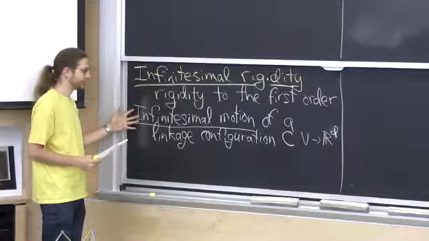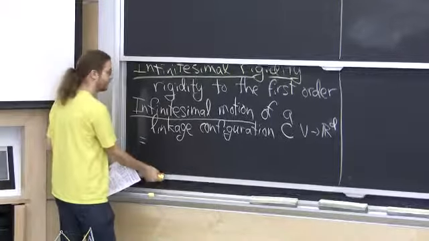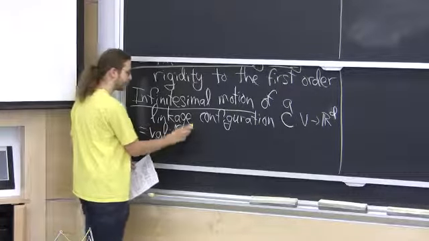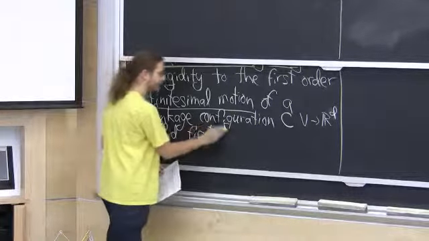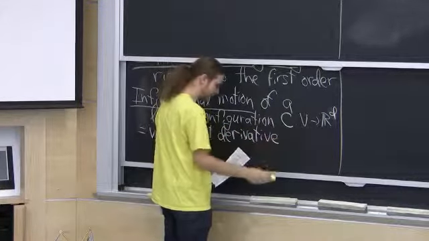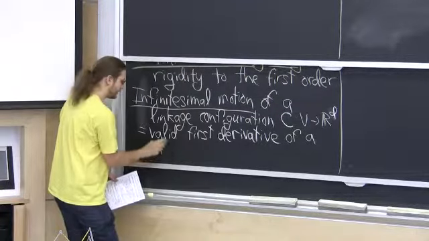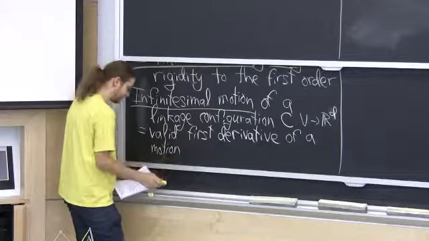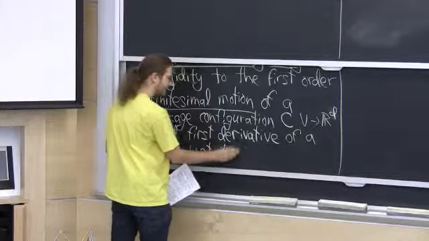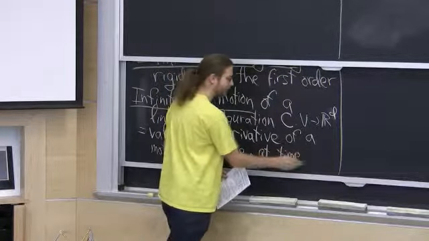So what I want to define is a valid, this is sort of an informal notion, but valid first derivative of a motion. We've already defined motions. I want to take such a motion, essentially take its derivative with respect to time, and evaluate that derivative at time 0.